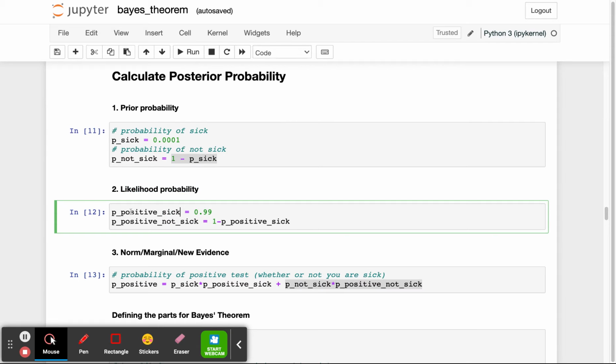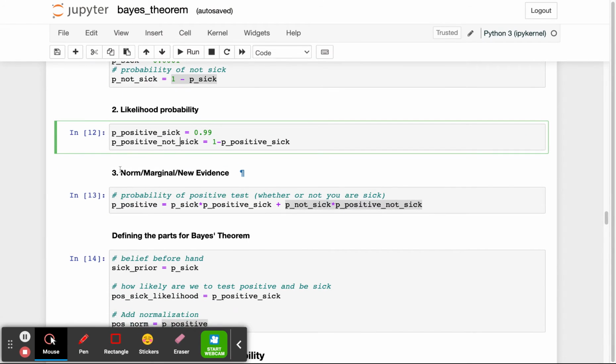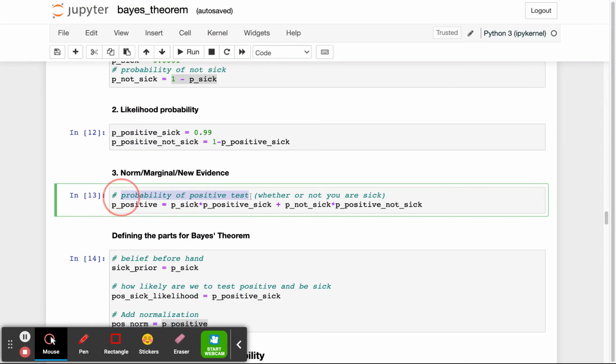This is the probability of testing positive given that you are sick, 0.99. And the complement of that, probability of not testing positive given that you're sick, would be 1 minus that. So now we can set up our new evidence or normalization factor. That is the total probability of testing positive.